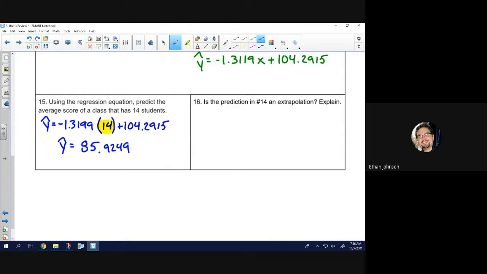Our range of values went from 3 to 40. 14 is within that range, so no, it's not an extrapolation. 14 is in the range of 3 to 40.